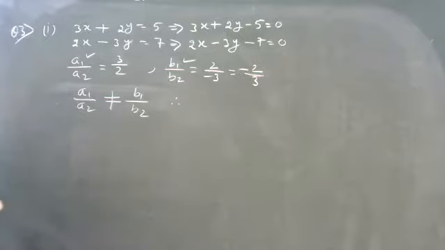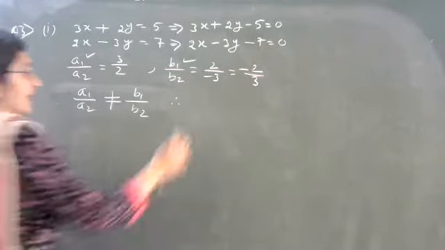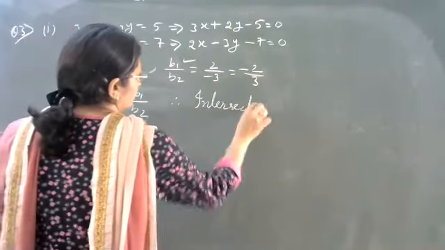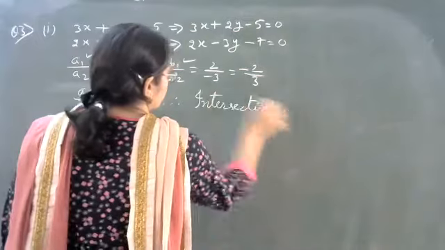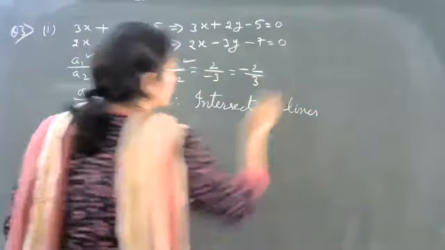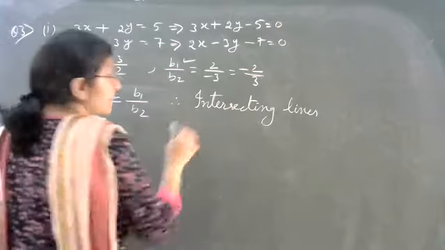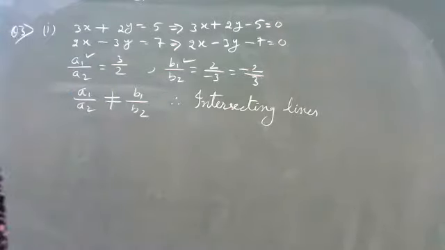Therefore, which lines will it be? Intersecting lines. Although you are not asked which type of lines, what will the solution be? Consistent. The main question is: find out whether the following pair of linear equations are consistent or inconsistent.